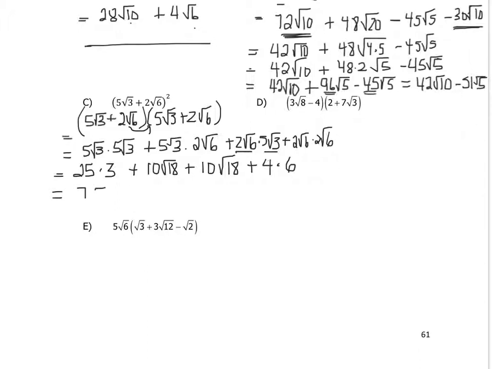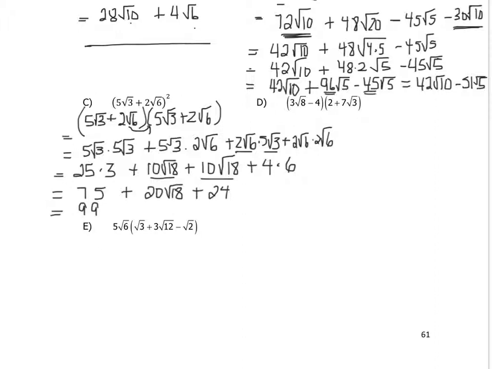So that would be 75 plus, these are like radicals, so I'm just going to put them together as 20 root 18 for now. And then I've got plus 24. So now I know that the 75 and the 24 can go together and give you 99.